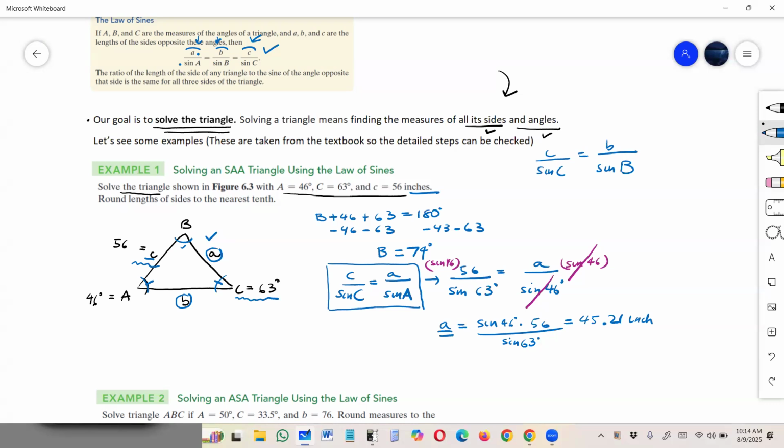Now, C over sine C again is your 56 over sine of 63. Right, so let's confirm: 56 over sine of 63 equals now B over sine of B, and we found B, which is 74.